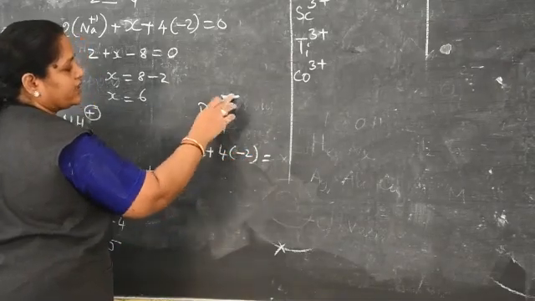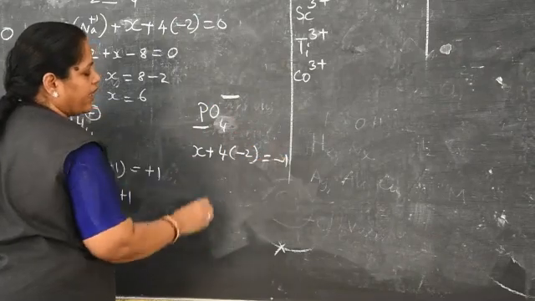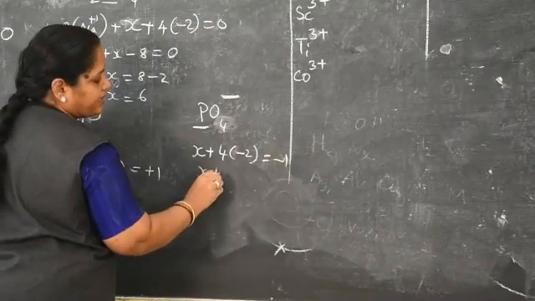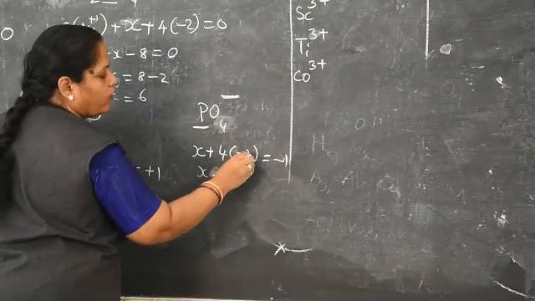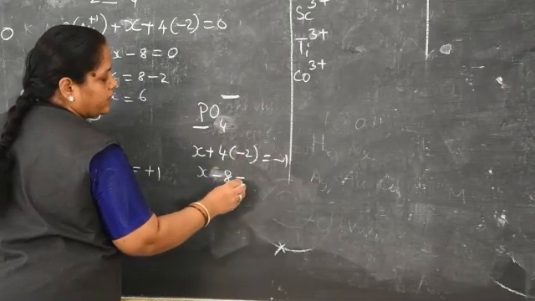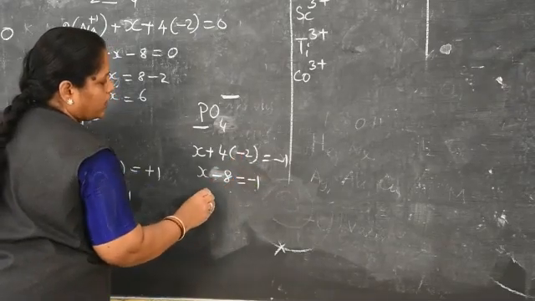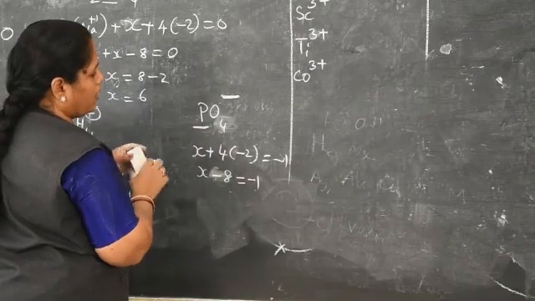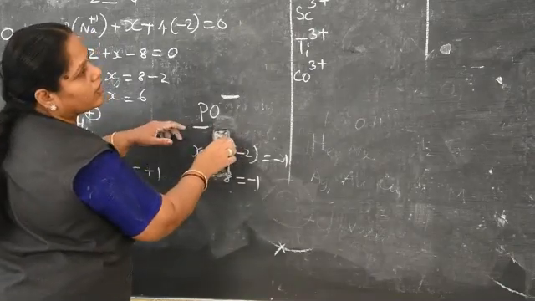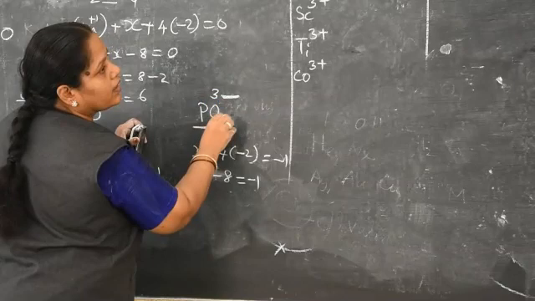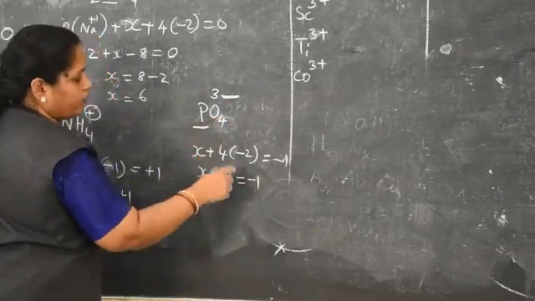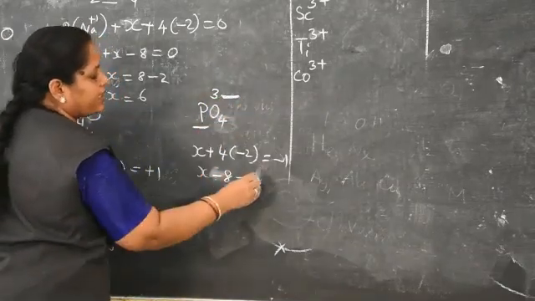What about its charge? Minus 1, that's why I put minus 1. So x plus x minus 4 into 2, 8, equals minus 1. So what about that? I write here, PO4 3 minus. So 4, here the charge is 3.